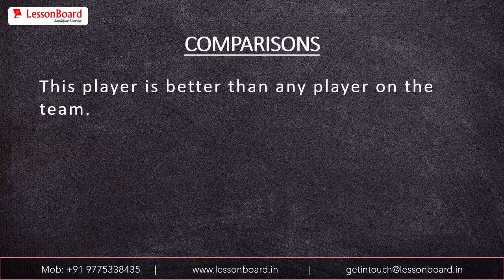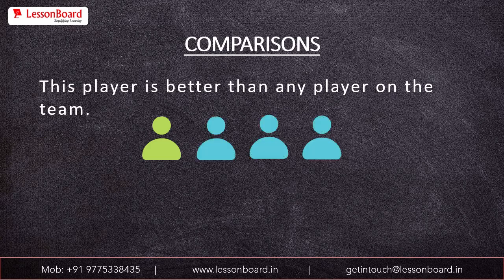Okay, so have a look at this sentence. This says, this player is better than any player on the team. Is this sentence right or is this wrong? Doesn't it mean that you're comparing this player to himself in a way because he is also one of the players on the team?